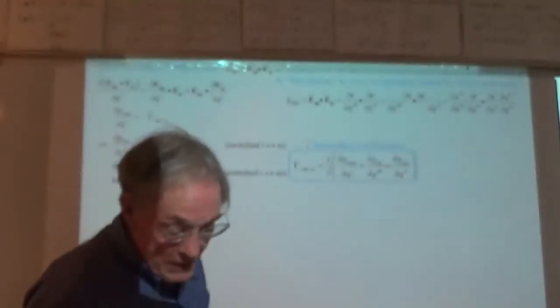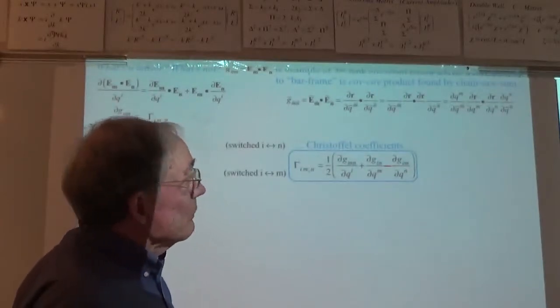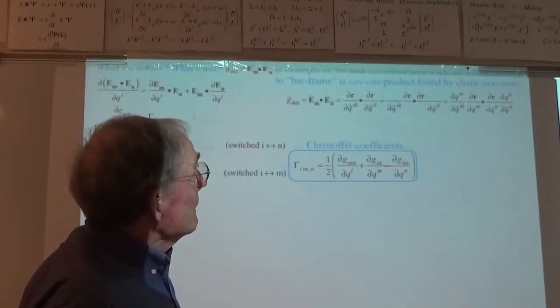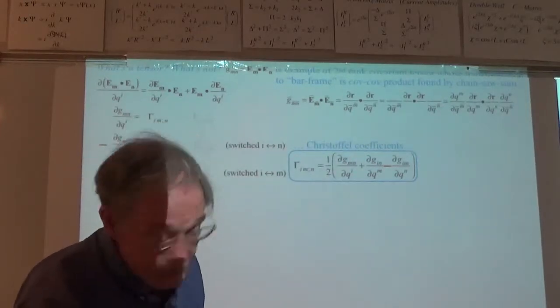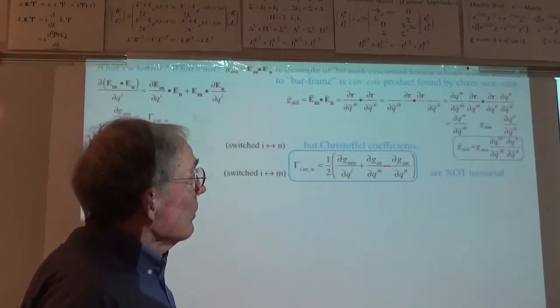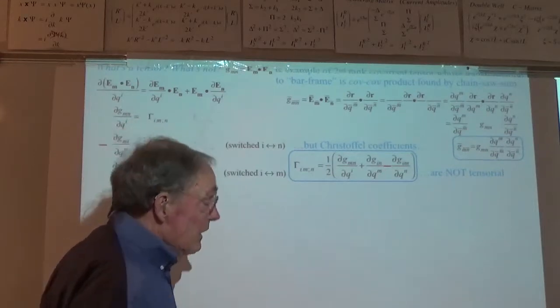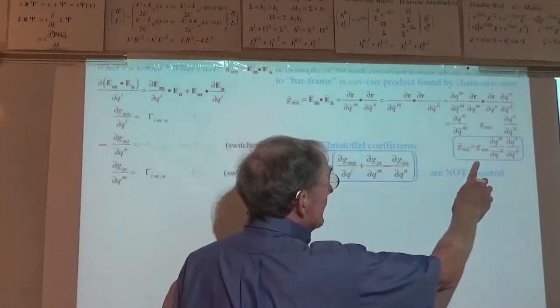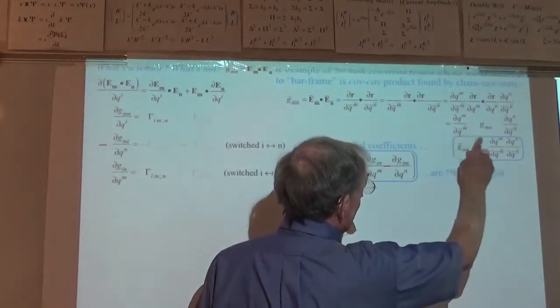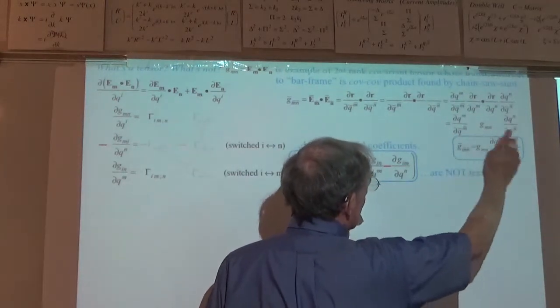When you get something that transforms just with products of Jacobians, that is, this quantity transforms with just a product of two Jacobians, in this case one that's got the bars flipped and one that doesn't. I'm sorry, in this case they're both on the bottom, the bars.